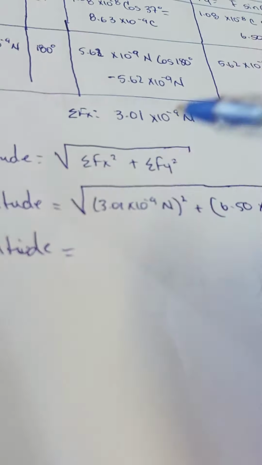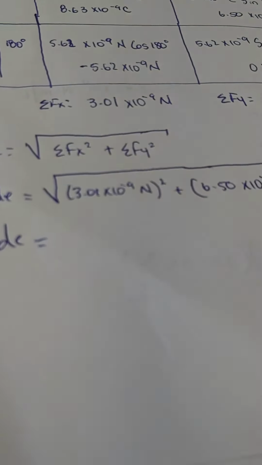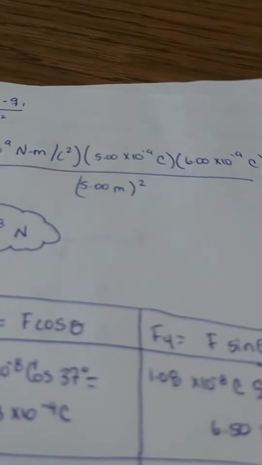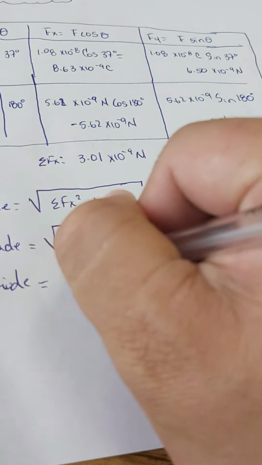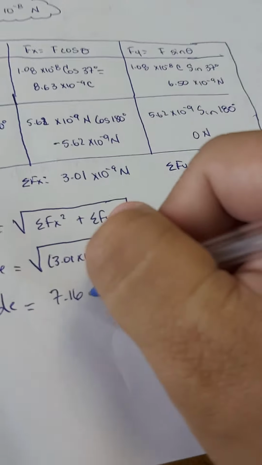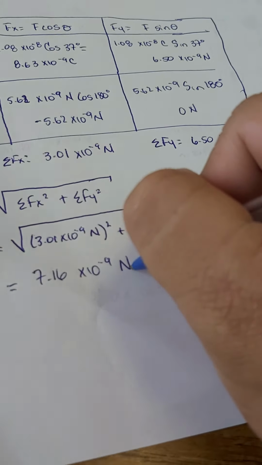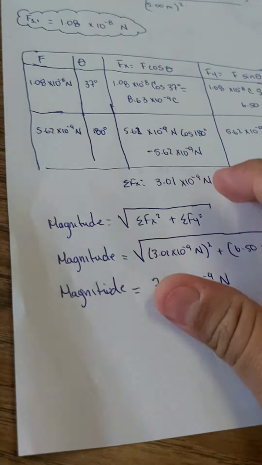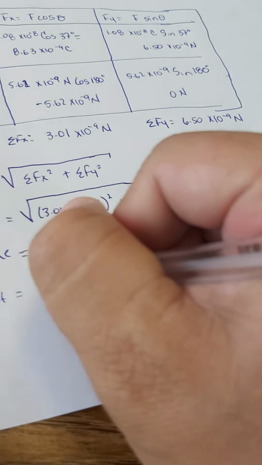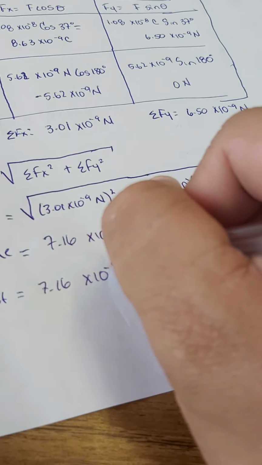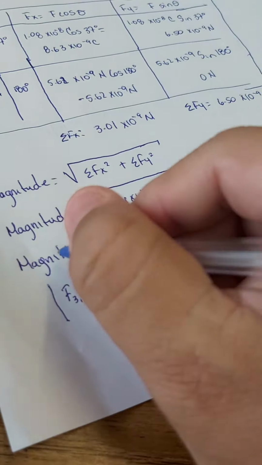So the magnitude will be equal to 7.16 times 10 to the negative 9 newtons. That will be F of 3 total, the magnitude on charge 3.